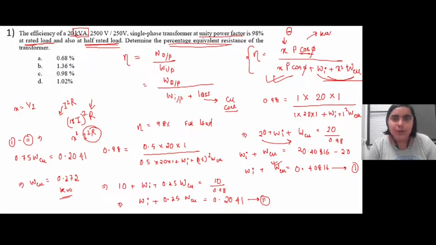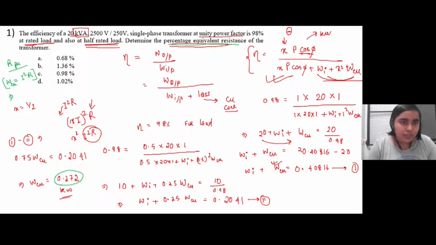The percentage equivalent resistance, for this we need to calculate the per unit resistance. So we know copper loss is equal to I square R, right? So if we convert all of this into per unit and equate it, this is the total copper loss.